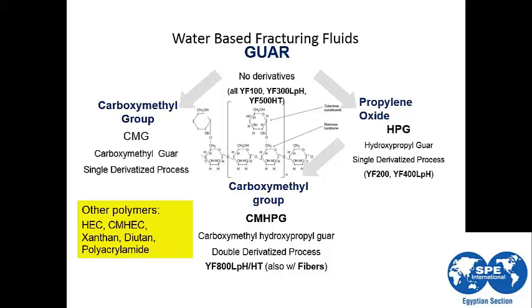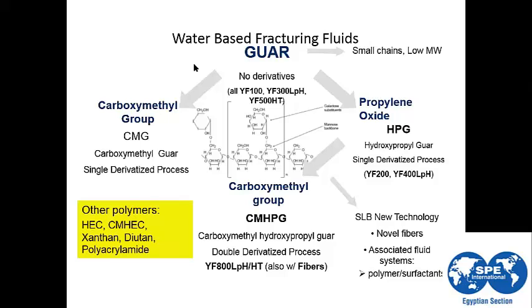First of all, we have the CMG. First we have the guar, the pure guar without any additives, here at the top. This is the guar without any derivative. What does a derivative mean?